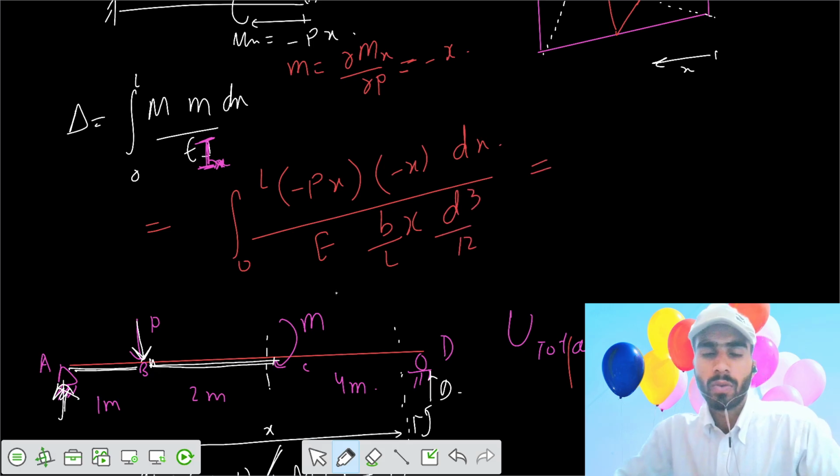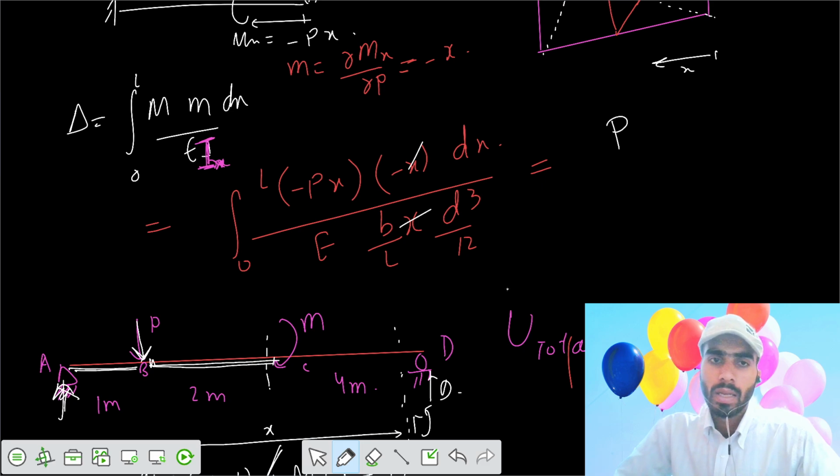The x here gets cancelled, and we get P x squared by 2 over E b by L into b d cubed by 12.